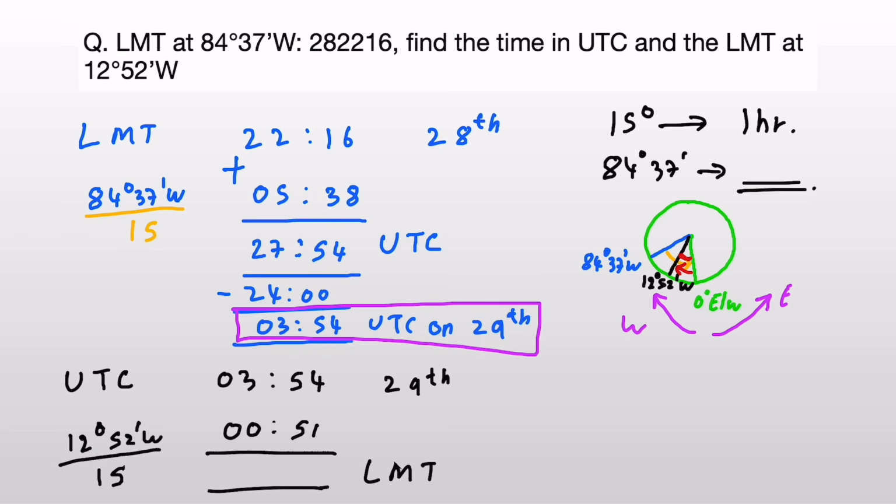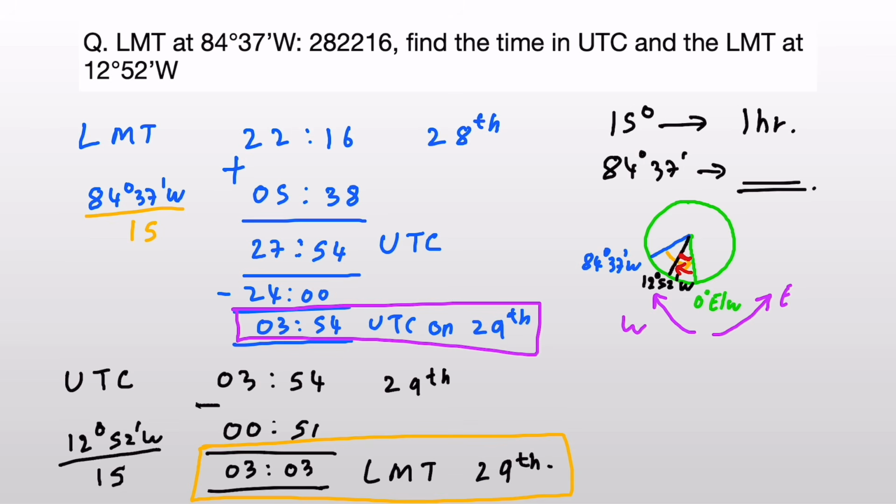Behind in time means that the time at this longitude will be behind the UTC. So we'll subtract the time difference from 3 hours 54 minutes and what do we get? We get 3 hours 3 minutes on the same date, which is 29th. So that is how I solve these questions.